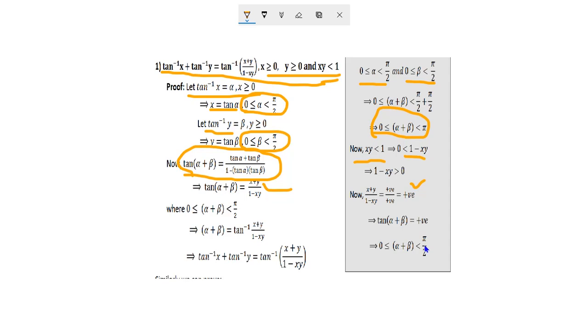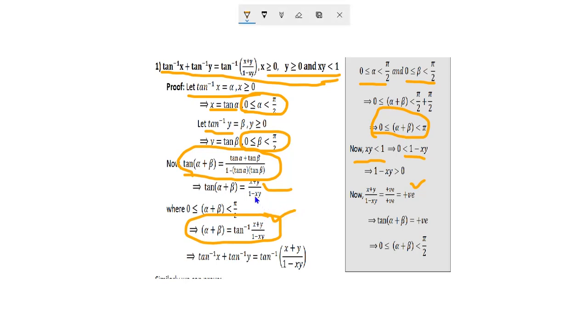And that is why you cannot take this formula when xy is greater than 1, because if xy is greater than 1, then alpha plus beta becomes more than pi by 2, and if it is more than pi by 2, you cannot apply this result directly. While applying this result, the condition is alpha plus beta should lie between minus pi by 2 to plus pi by 2. Then only you can apply this result.